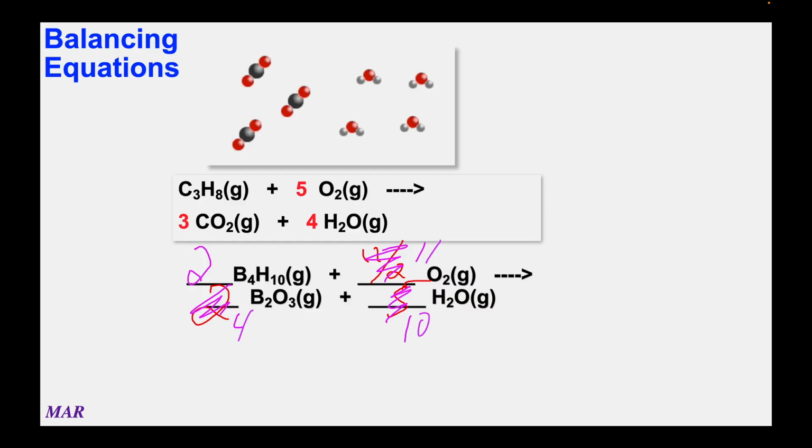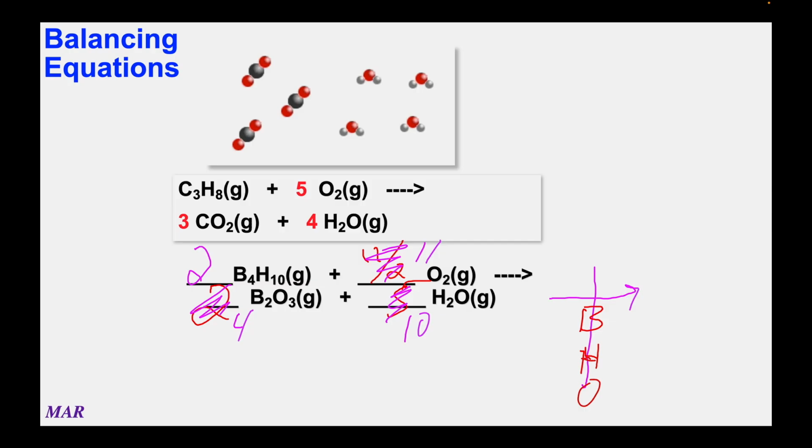Now, if you're not feeling confident about it, let me share one more kind of trick with you. I'm going to have here an arrow which represents reactants on the left and products on the right. And I'm going to put in here boron, hydrogen, and oxygen. The reason I write it on the arrow is I'm going to take a record here of how many atoms of each there are.